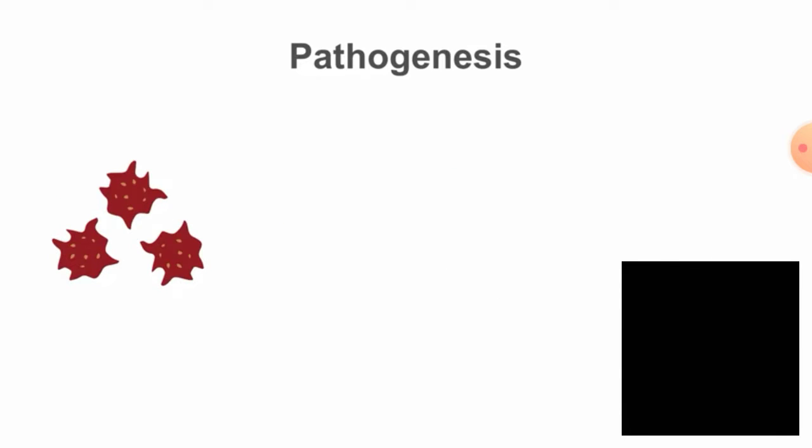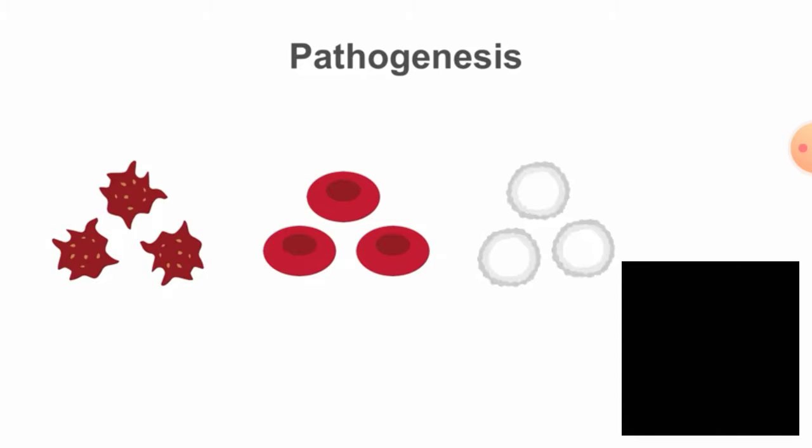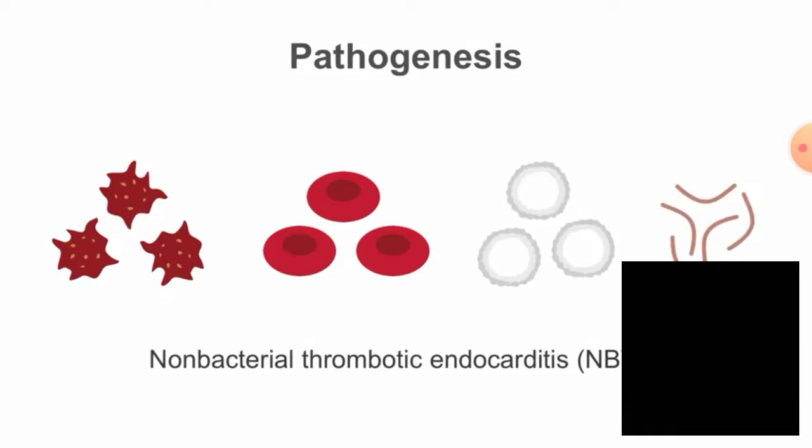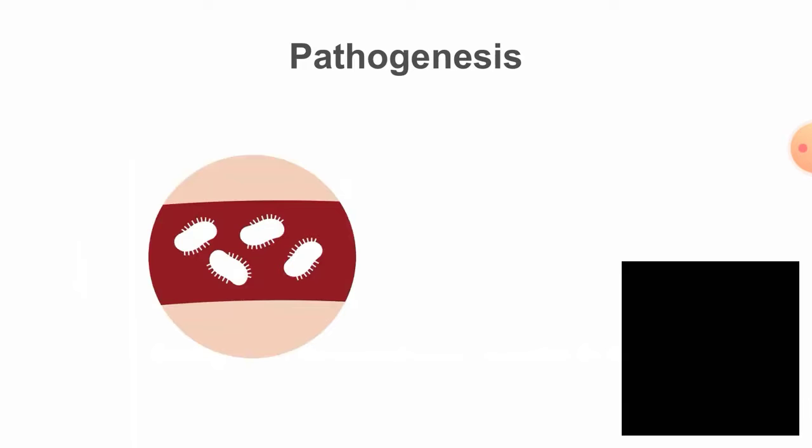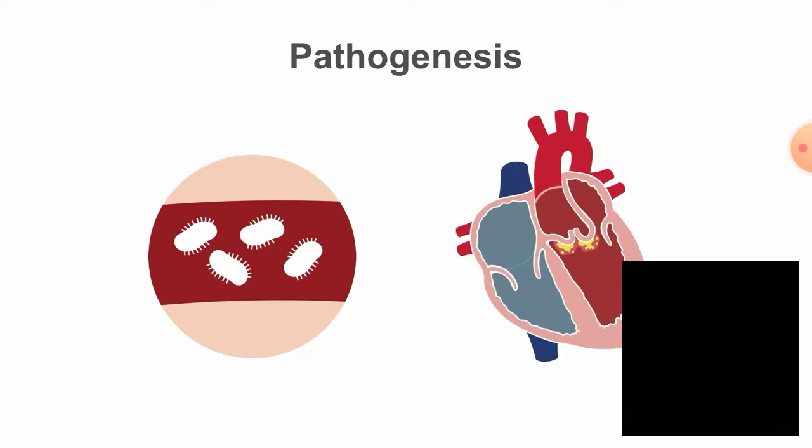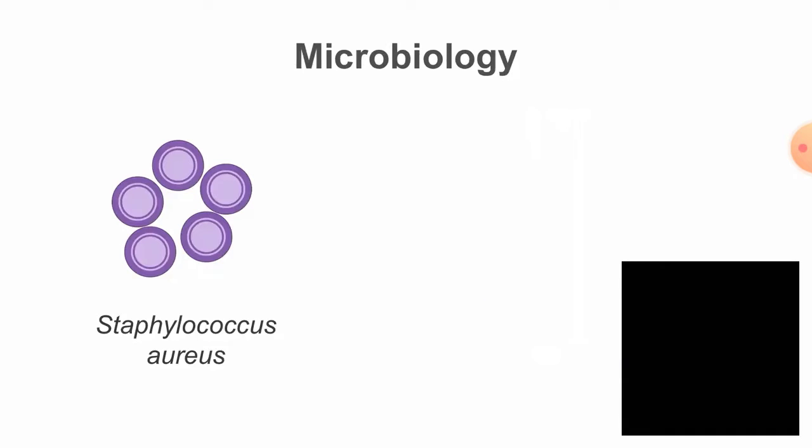Valve damage leads to sterile deposits of platelets, red blood cells, white blood cells, and fibrin called non-bacterial thrombotic endocarditis, or NBTE. If a sufficiently virulent organism is present in the bloodstream in sufficient amounts, it may colonize the damaged valve and its associated NBTE, and now the mass of bacteria and the NBTE becomes infective endocarditis.